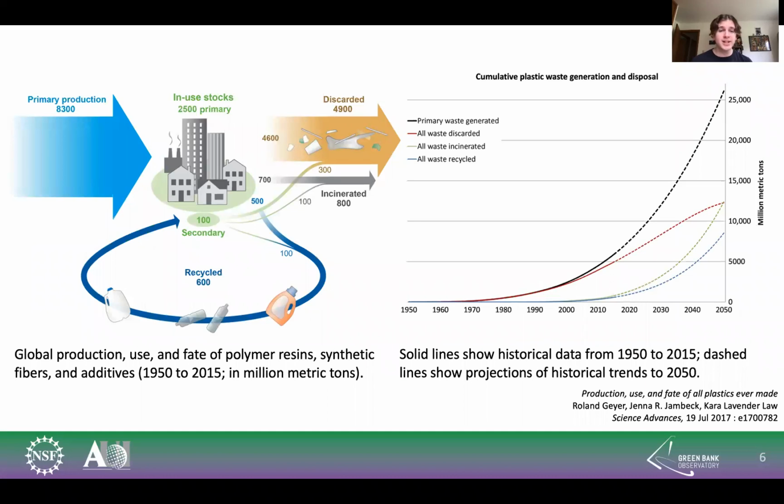Another way of visualizing this is with the cartoon on the left, which gives you a visual representation of those sizes with arrows, showing how plastics are produced, brought into primary use among houseware, and are then separated out into materials that are discarded, either in landfills or in the environment, incinerated, or the small number of plastics which have been recycled.